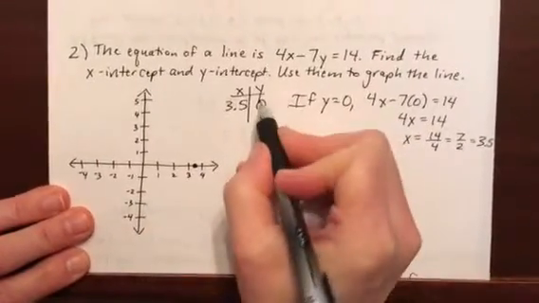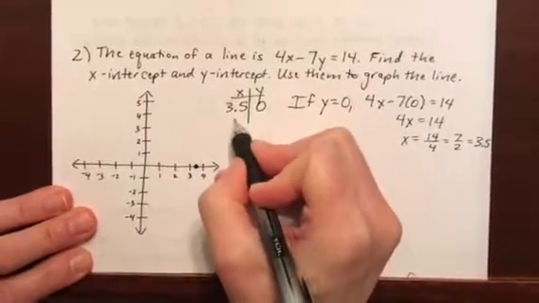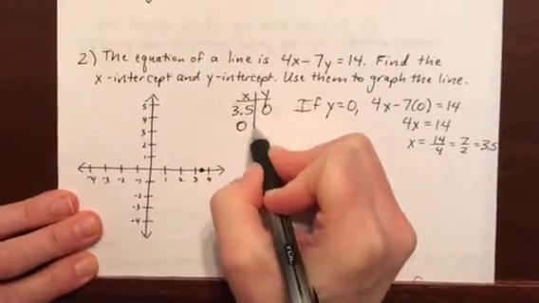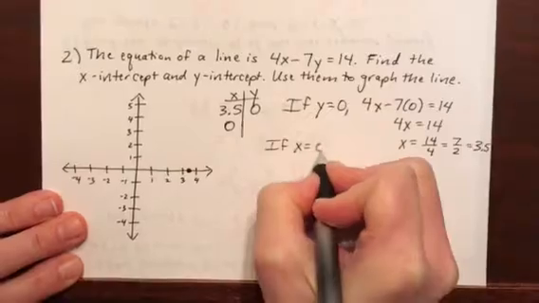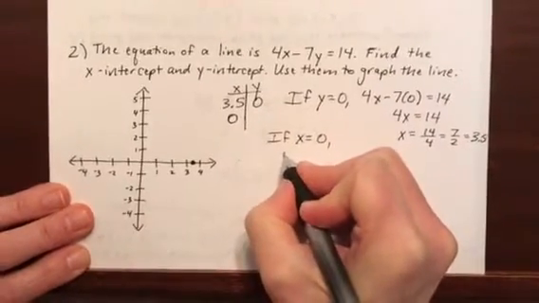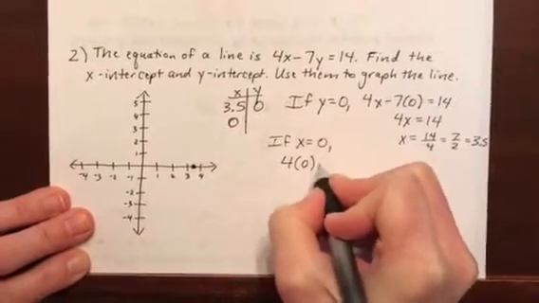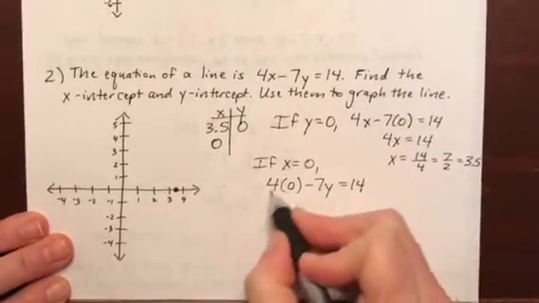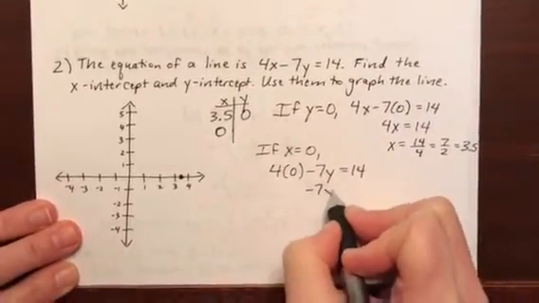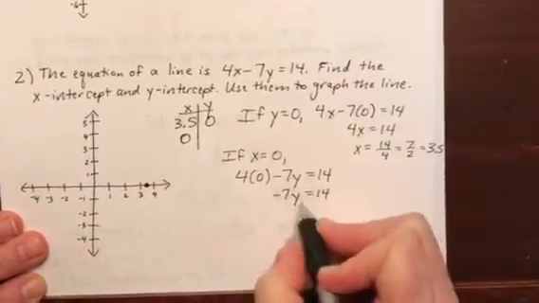All right, then to find our y-intercept, we want to put in x equals 0. And so if x equals 0, we have 4 times 0 minus 7y equals 14. So that first term drops out, and we have negative 7y equals 14.